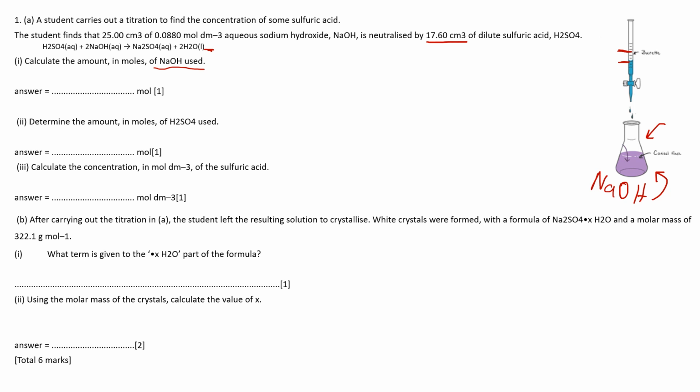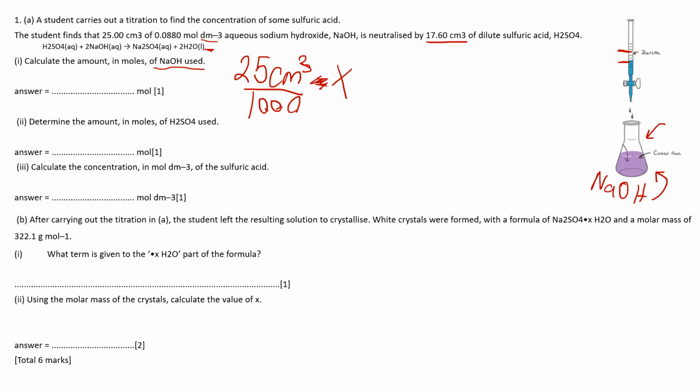So we know we have 25 cm³ of the sodium hydroxide, and then we have 0.088 mol/dm³ aqueous sodium hydroxide. All we need to do really is convert the cm³ by dividing by 1,000, so we get this in dm³. Let's just do everything at once.